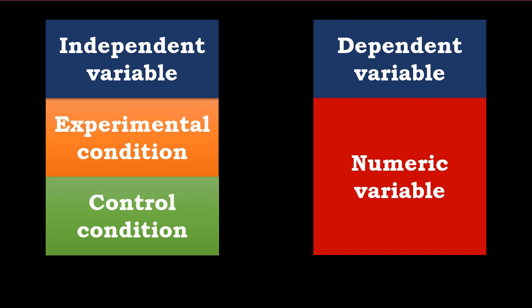The difference with the independent samples design is that in this case the same participants go through the experimental condition and through the control condition. Which one do they do first? Well, I will go through that later on in this masterclass. But it may be the case that they do experimental first and control second, or control first and experimental second. Depends on the circumstances and the design. I will explain this later.